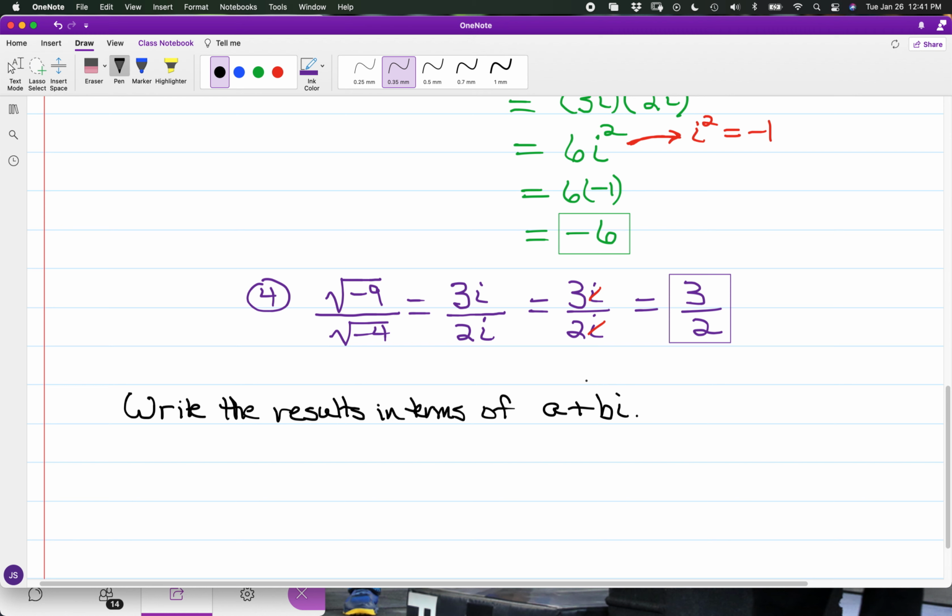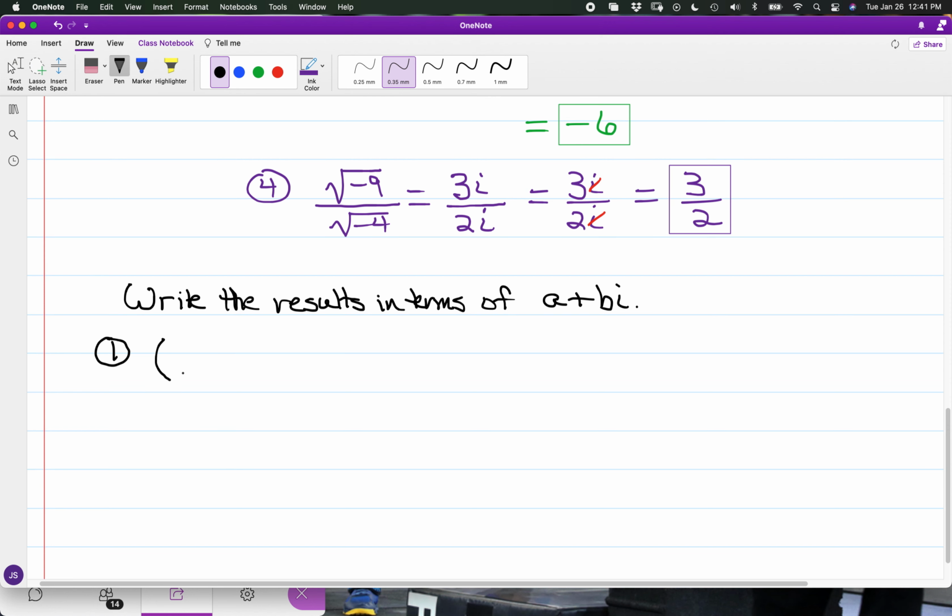If you're to write the results in terms of a plus bi, we'll say as a first case that we have 3 plus the square root of -6, times the quantity of 2 minus the square root of -24. So we have 3 plus the square root of -6 times the quantity of 2 minus the square root of -24.